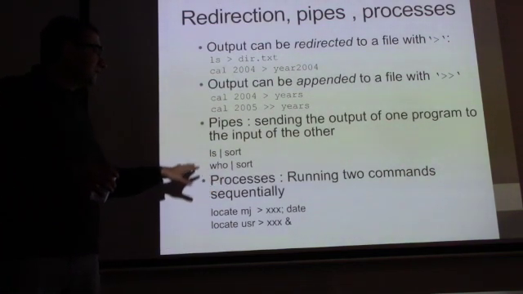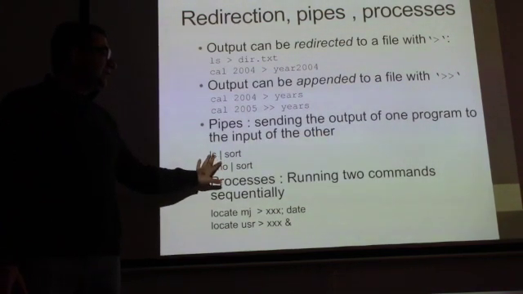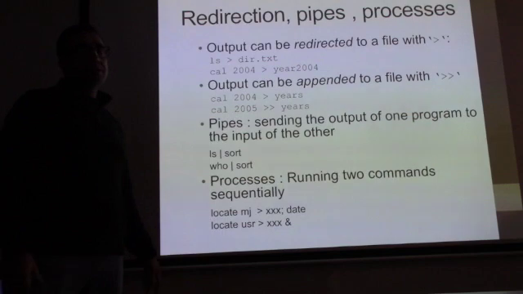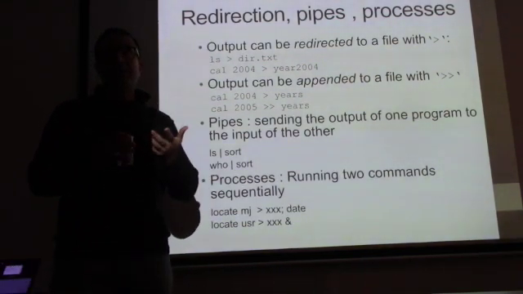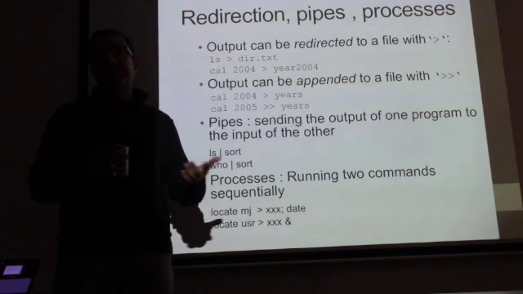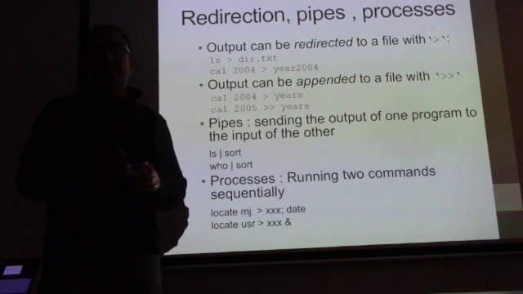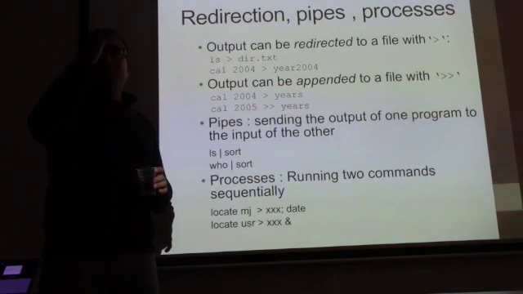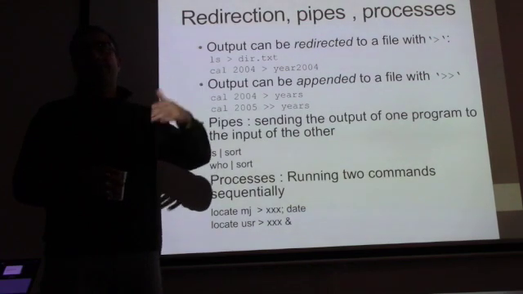There is also something called a pipe, where the output of one command is passed on as input to the second command. For example, the sort command alphabetically sorts your list of text. The ls command, as I said, gives you the listing of your directory, so all the names of the files are printed out.